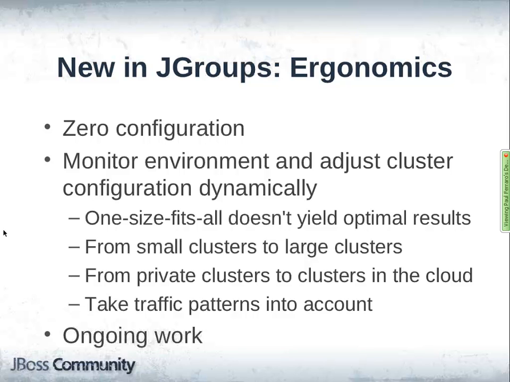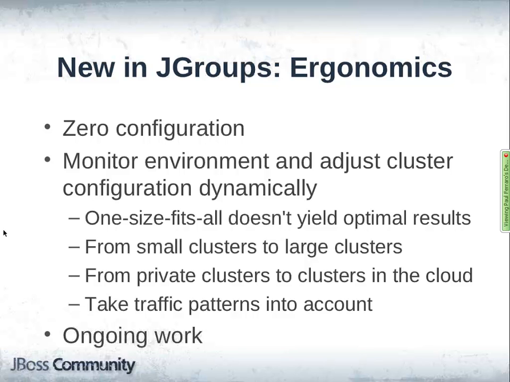So what we're trying to do with Ergonomics, and that word is, by the way, borrowed from the JVM, is to sense the best values for a given protocol and adjust the properties of a given protocol dynamically. So that in the best case, again, that's the goal, people would only have to list the protocols they want to use and not define any of the properties inside the protocols.